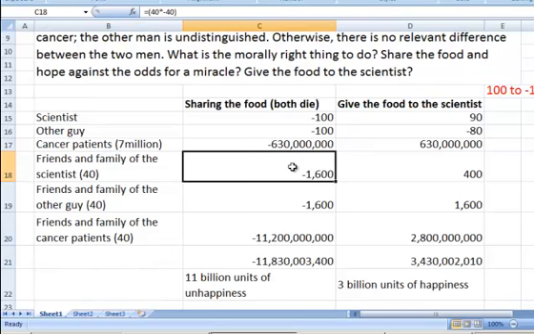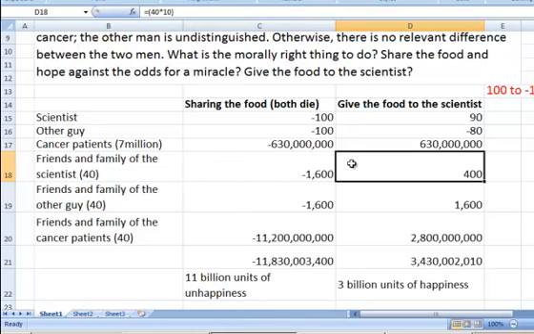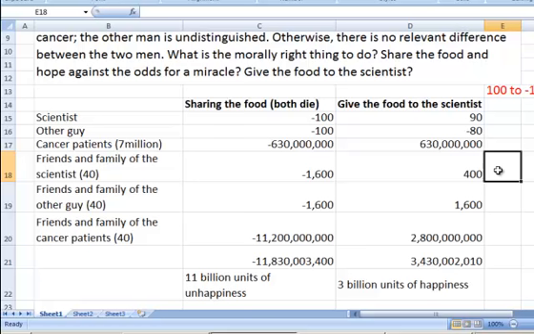So here we have family and friends: if the scientist dies, each of those people is going to get a negative 40 measure of unhappiness. And if the scientist lives, then each of those people will get, say, 10 units of happiness. Of course, every day we live, that doesn't make our friends especially happy, but the guy survived, and now he's happy, so they're going to be a little bit happy about that.